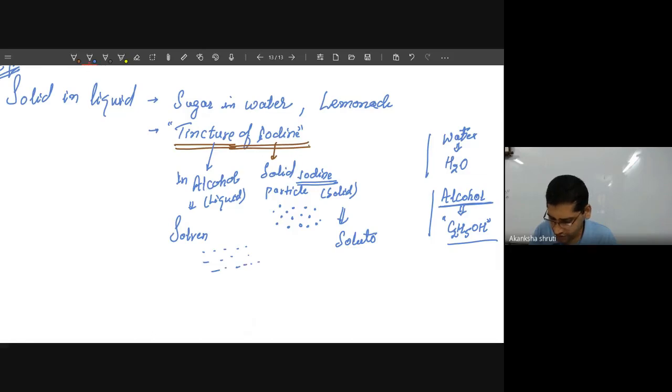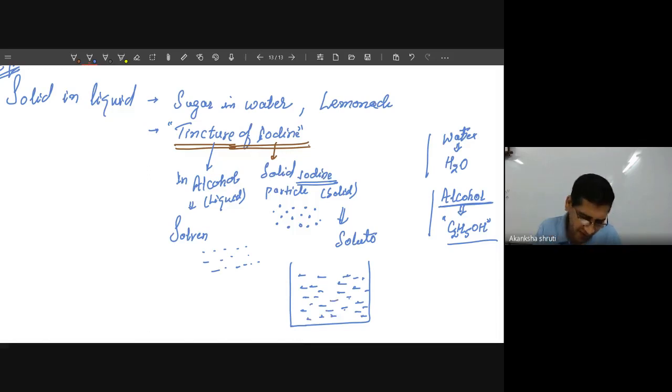Means if I take the mixture, I can get it like this. So the smaller particles that we are taking, and in that the other particles, let me draw this as water like this. These are the water particles, and it contains the smaller iodine particles.